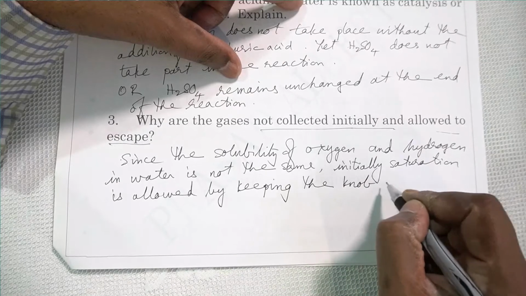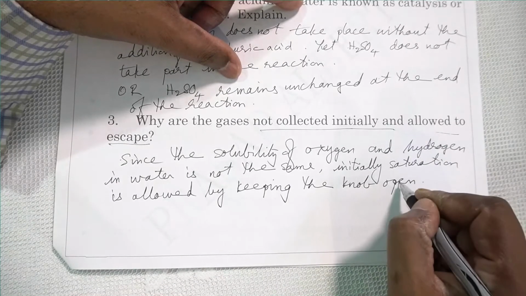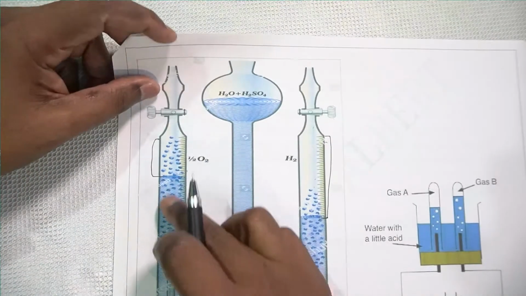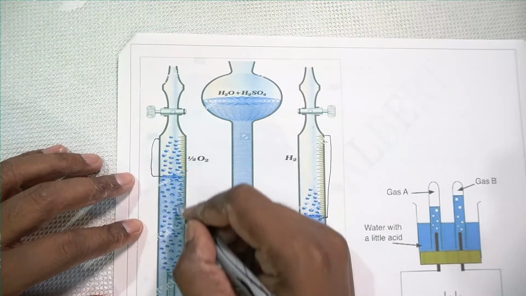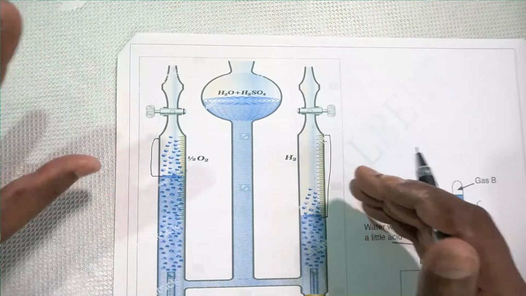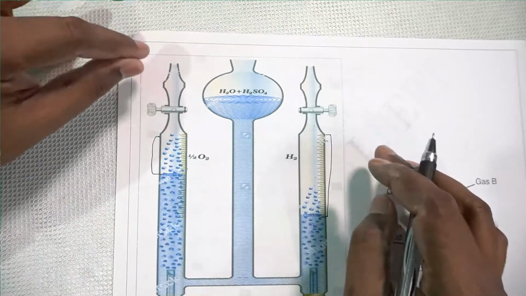What happens? The gases escape. So this water is saturated by oxygen and this one is saturated by hydrogen. Once it is saturated, no more gases will dissolve. So then you can take the measurement. So initially measurement is not taken.